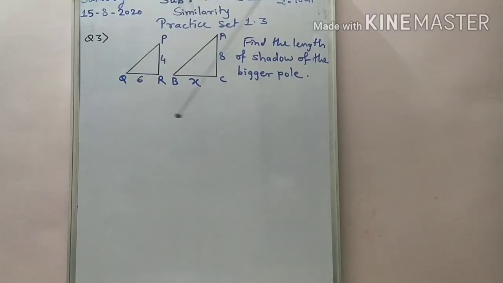We take the corresponding sides which are in proportion, and as we substitute these values in the proportionality, we get the value of X. Okay, so pay attention over here.